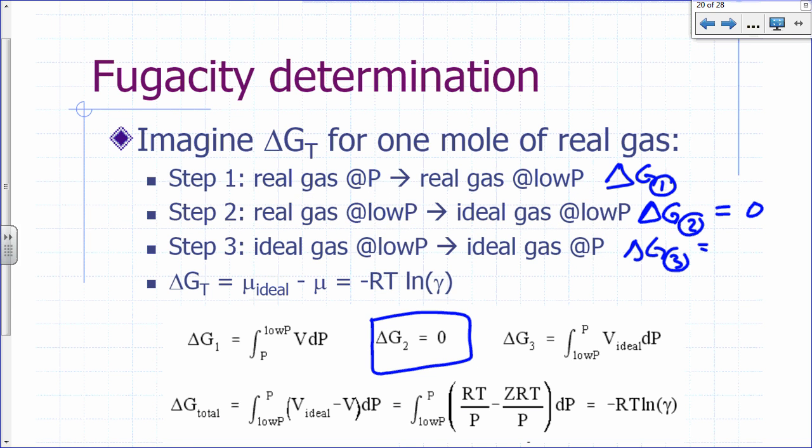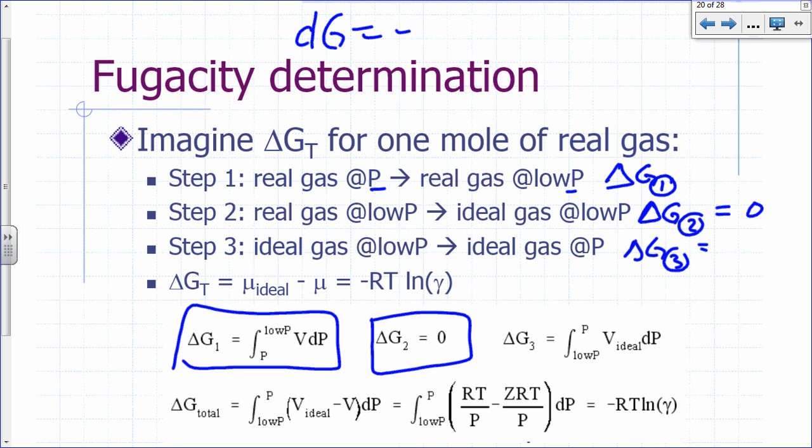So we have the second one right here. Delta G1 is just the integral of VdP from pressure P to some low pressure. V is the volume of the real gas. Remember, dG is minus SdT plus VdP, right? So at isothermal, delta G is the integral of VdP.